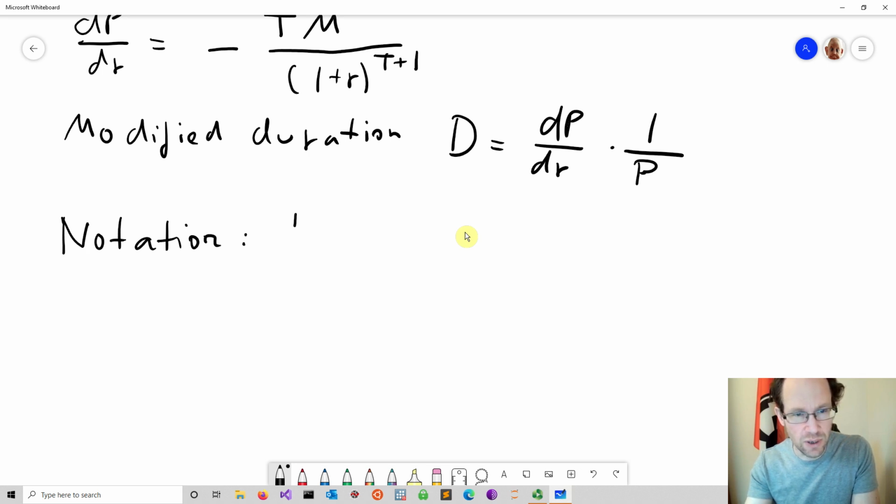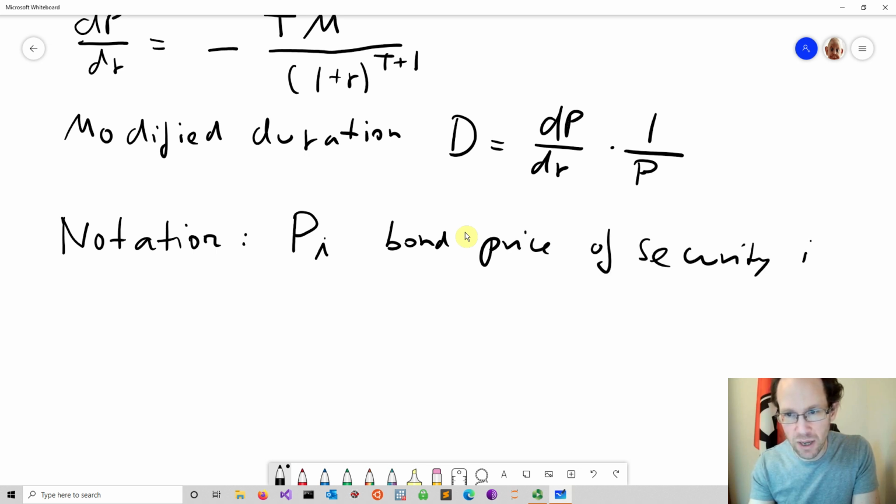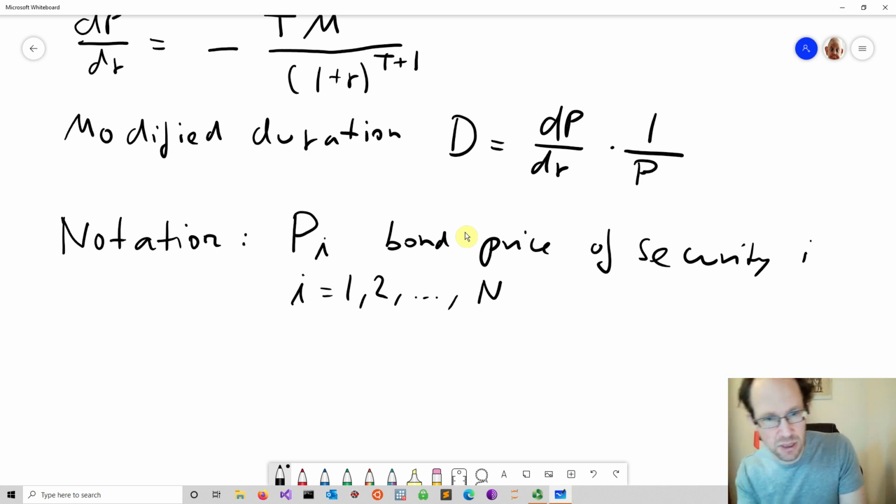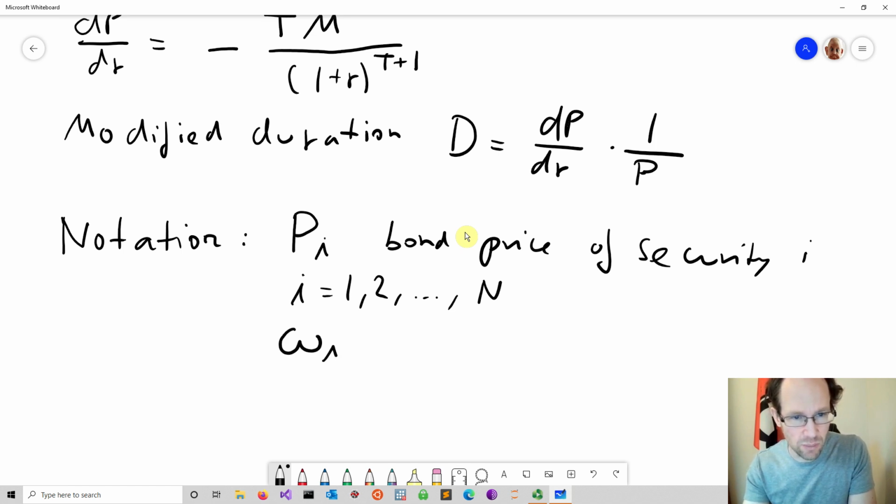We have the bond prices P_i, the bond price of security i, with i running from 1 up to capital N. So we have N securities, and we have some portfolio weights as well, which I denote omega_i.